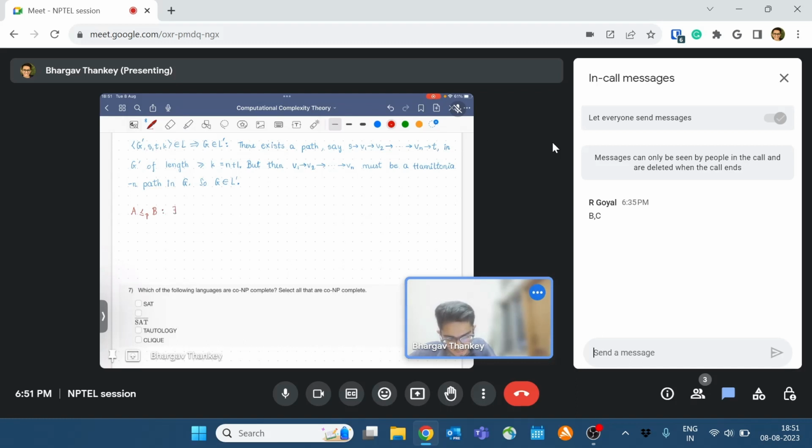There exists a polytime computable function f such that for all x, and this is equivalent to saying x in A implies f of x is in B, and f of x is in B implies x is in A, right?